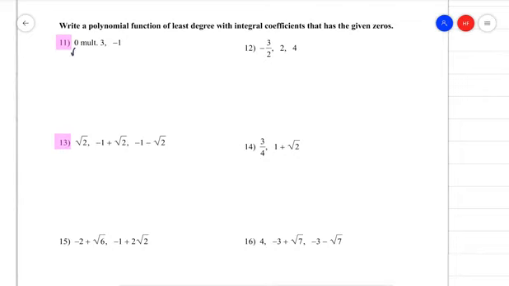So when we have 0, we know that's just x. When we have negative 1, it comes from the opposite of x plus 1. The multiplicity of 3 is the power on it. So I have x cubed times x plus 1 as my function.